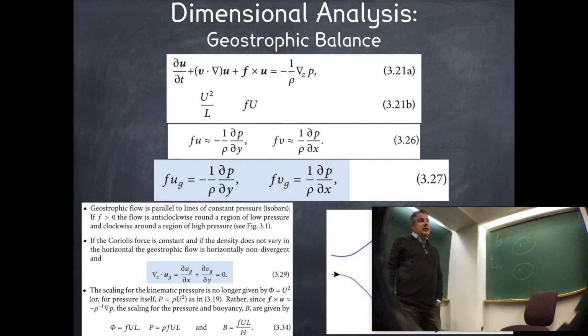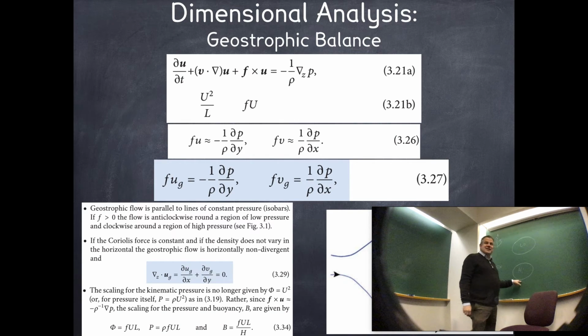Which direction does that go? That's the y direction. And there's a low pressure, high pressure, and a low pressure. If I'm down here, which way does dp dy point? It points toward high pressure, this way. Not minus dp dy, which we're going to get to in a second. So minus 1 over rho dp dy points this way.